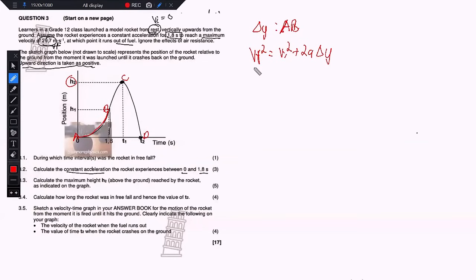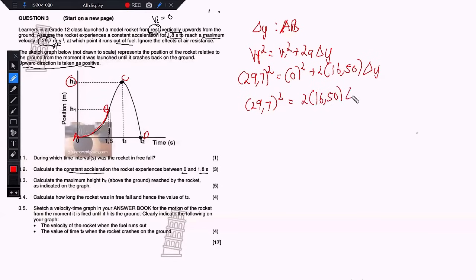So V final is again 29.7, squared, the VI is 0, and the acceleration we just calculated, remember from A to B it's not in free fall, is 16.50, and then we have our delta y. So 29.7 squared equals 2 times 16.50 times delta y.